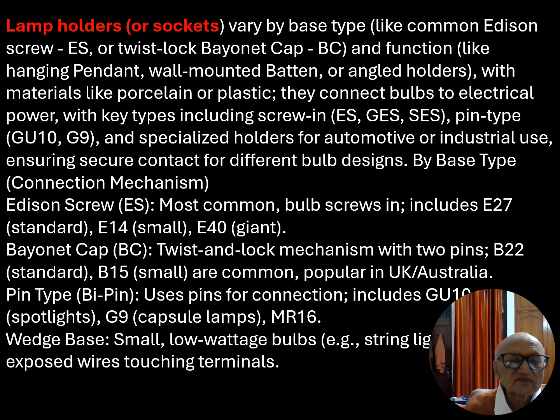Now they vary by base type, like common Edison screw ES or twist lock bayonet cap BC type, and function like hanging pendant, wall mounted buttons.